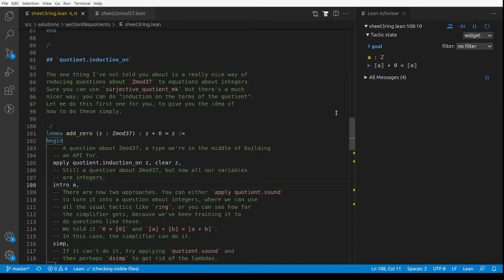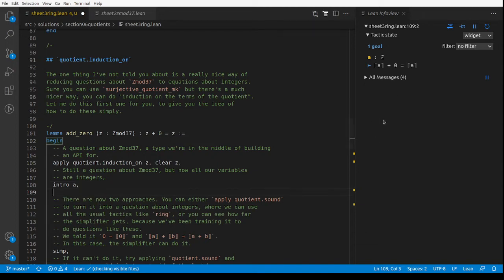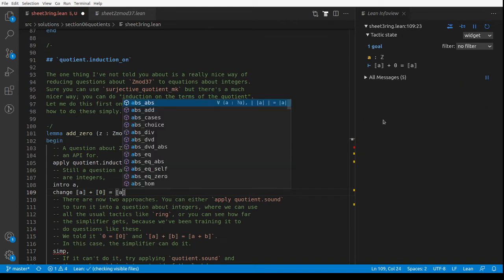We're just creating all the structure on Z mod 37. So it would be nice if we could get to the integers. But let me just explain to you what's going on here. By definition, that 0 is a equivalence class of 0, right? So we could do change a plus 0 equals a.